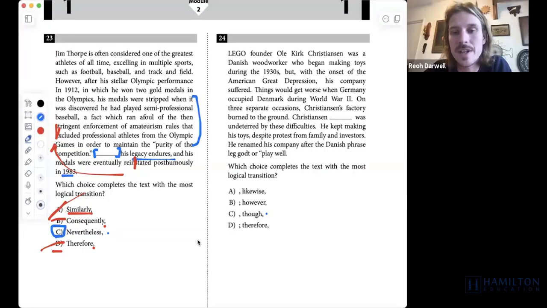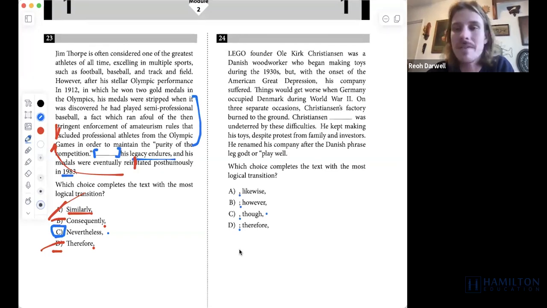All right, so 24 kind of combines punctuation and transitions here. Okay, so we have two answer choices which use semicolons and two answer choices which use a pair of commas. So for transitions, we can use a semicolon if what comes before the transition is an independent clause, and what comes after the transition is an independent clause.